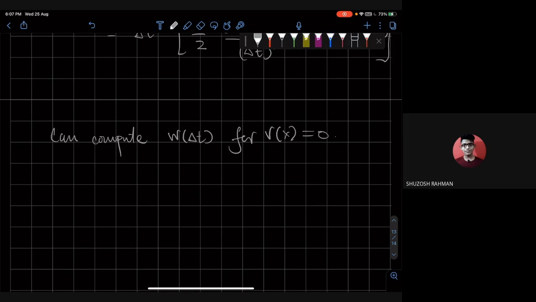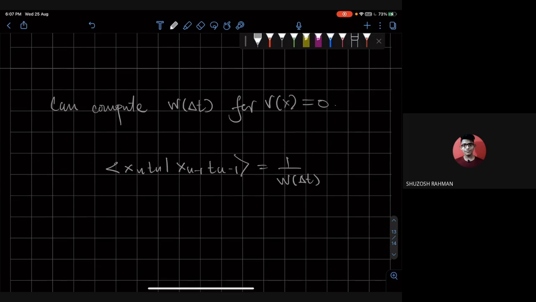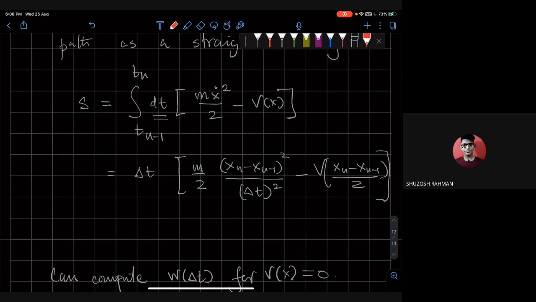So for the free particle, this expression becomes xn tn, xn minus 1 tn minus 1 equal to 1 over W delta t times e to the power i, and within brackets, m xn minus xn minus 1 squared divided by 2 h bar delta t. Okay? We're just setting this guy to 0, that's all.